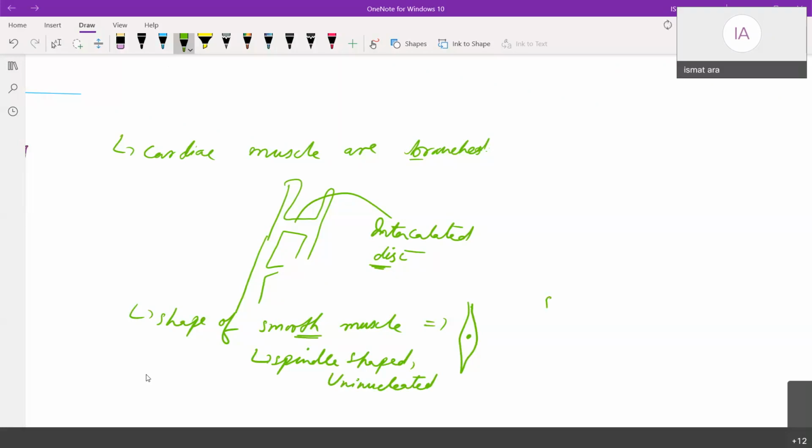What about skeletal muscle? Uninucleated or multinucleated? Multinucleated. They are multinucleated. What about cardiac muscle? Uni or multi? Uninucleated.